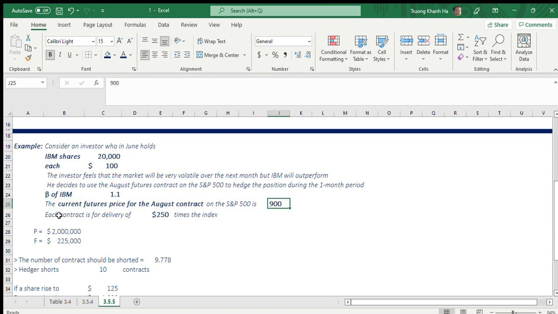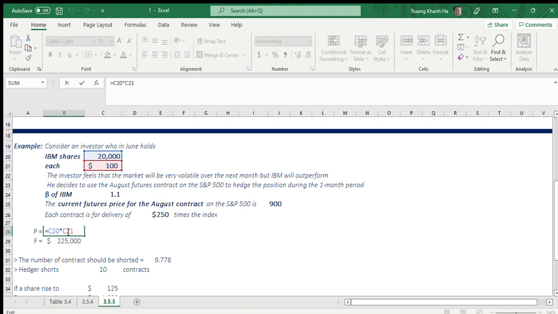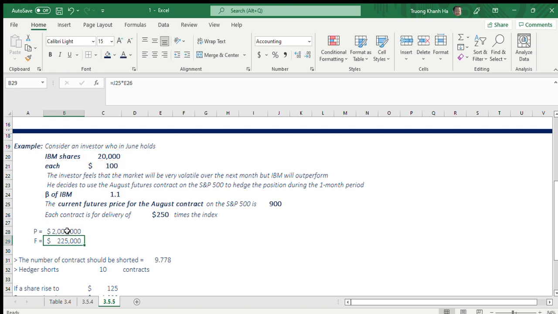And each contract is for delivery of $250 times the index. Firstly, we will calculate P, the total value of the shares owned, by multiplying the IBM shares by 100, which is the share value. And here's the result, $2 million.